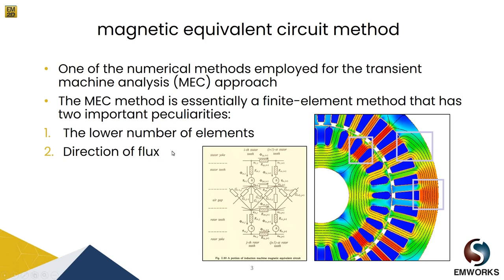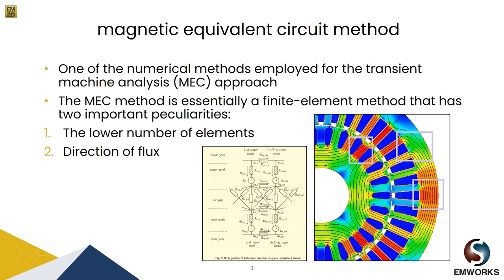So, in the finite element method, if we want to calculate the value of flux density in different locations of the motor with a good resolution, we should increase the number of mesh elements, and this will increase the solution time, right?